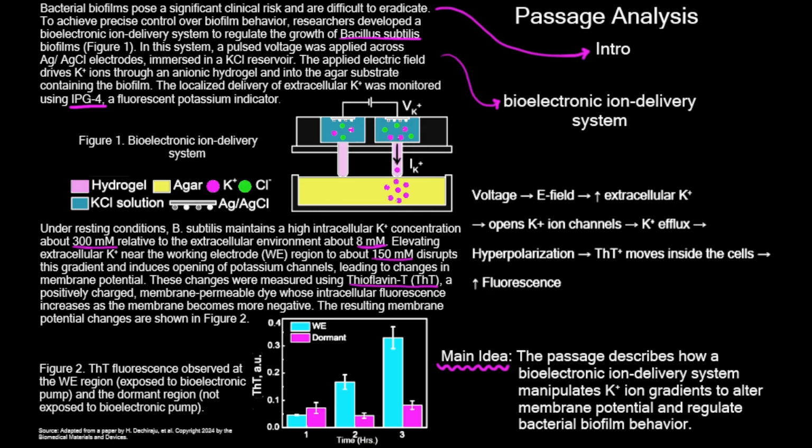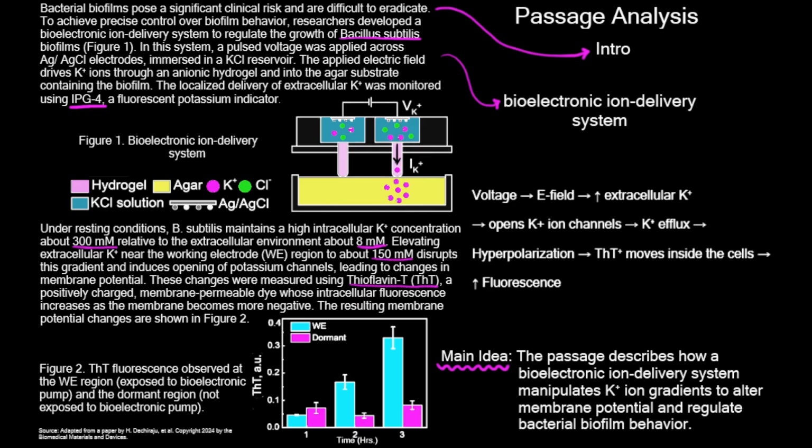As positive ions leave the cell, the interior of the cell becomes more negatively charged, altering the membrane potential and causing the cell membrane to become hyperpolarized. This increased negative membrane potential allows the positively charged THT fluorescent dye to enter the cell, enabling fluorescence detection.